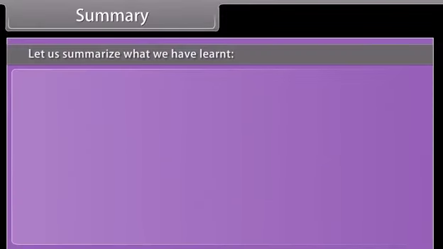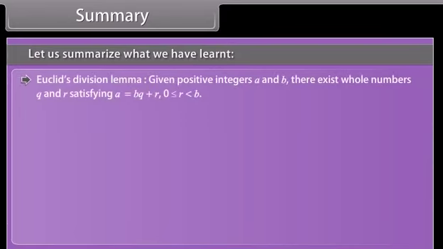Summary. Let us summarize what we have learned. Euclid's division lemma: given positive integers a and b, there exist whole numbers q and r satisfying a equals bq plus r, 0 is smaller than or equal to r, which is smaller than b.